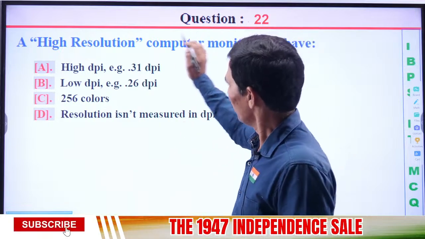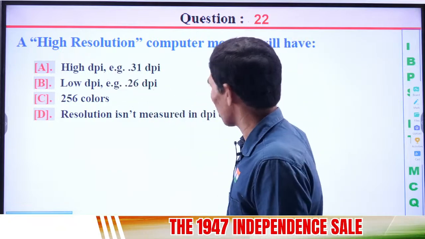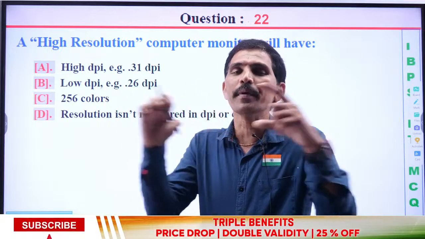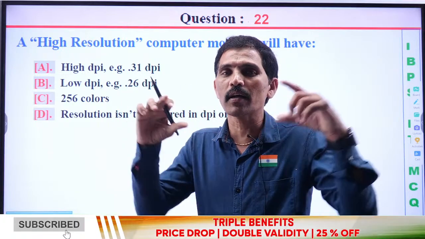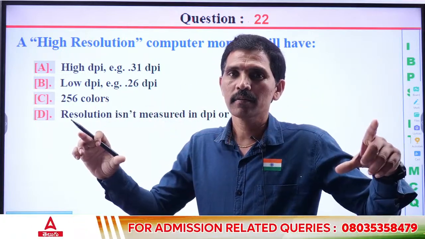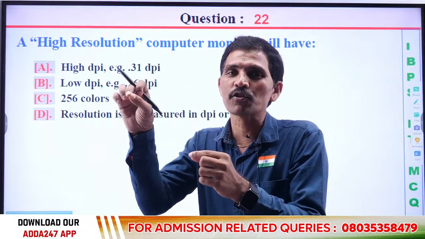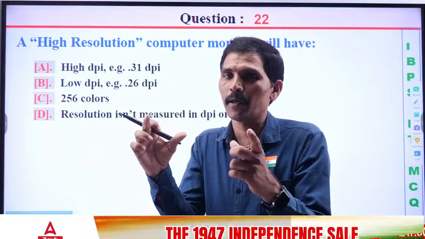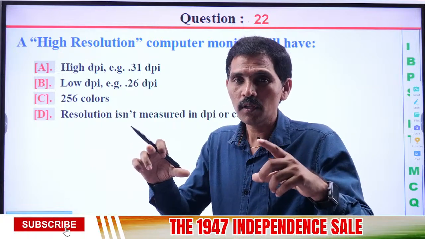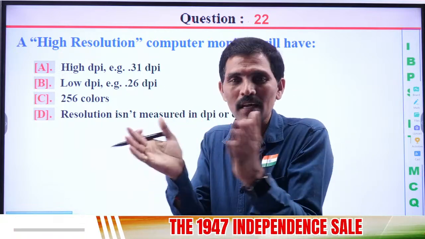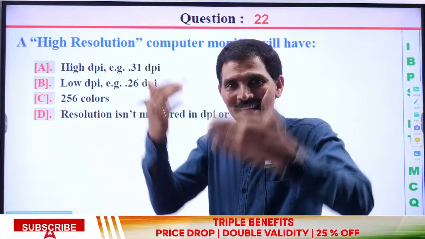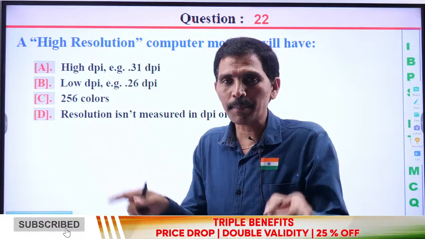Here, high resolution means we can see the screen, and if you take a screenshot of that screen and zoom it, we can find small dots appearing. Even if you zoom, the pixels will not display on the screen itself. When you take a screenshot, it will take a picture image.